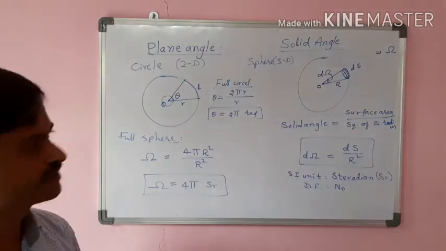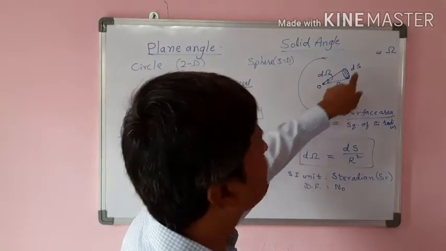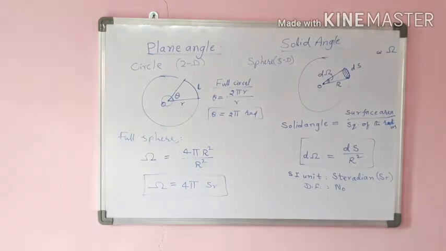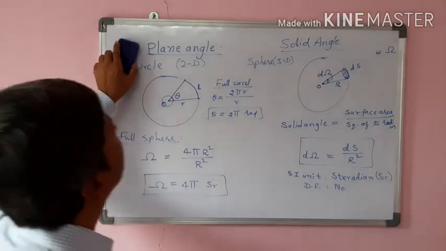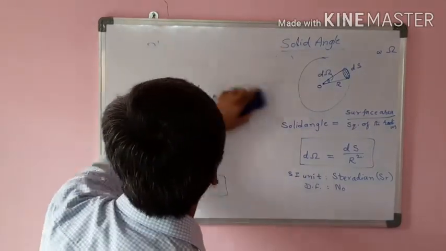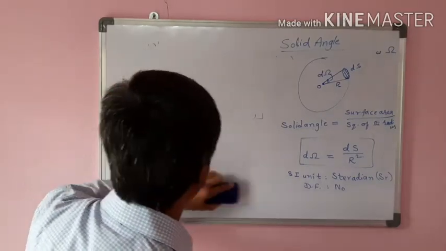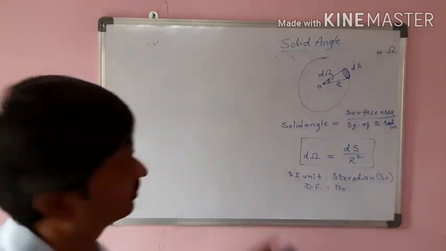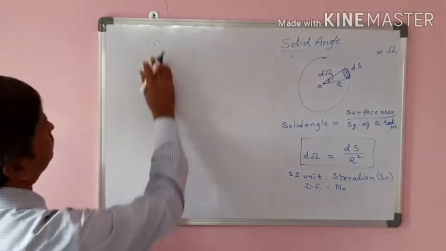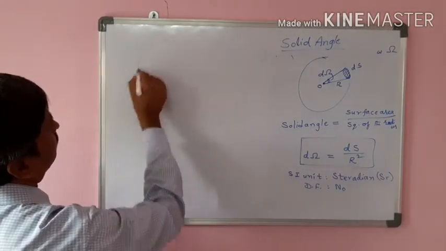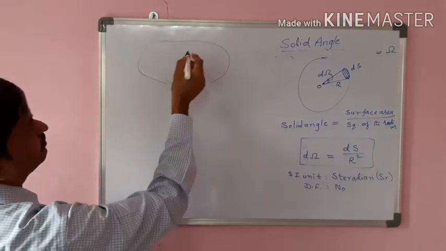Now the question comes, if it is a complete sphere we can calculate. If it is any other shape, then how can we calculate? So any other shape means, let us take something like this, any shape.